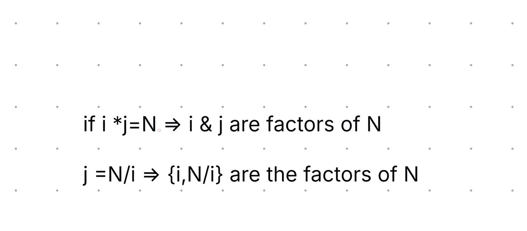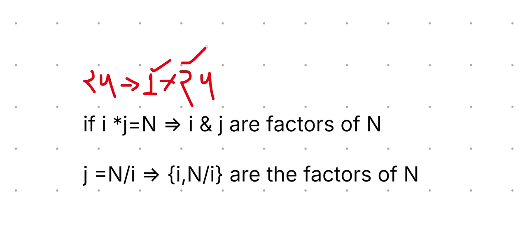Okay, I will tell you in this way. For example, we got an input of 24 and 1 into 24. This one and this one mean i and j, where i into j equals n. So i and j both are factors of n, correct?